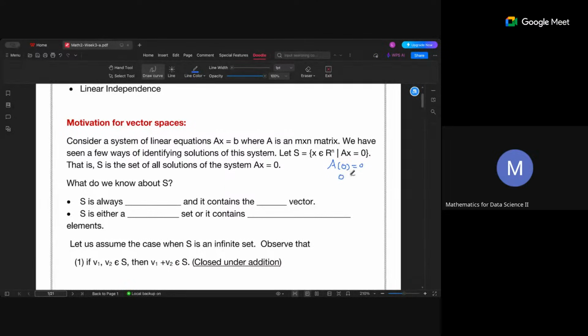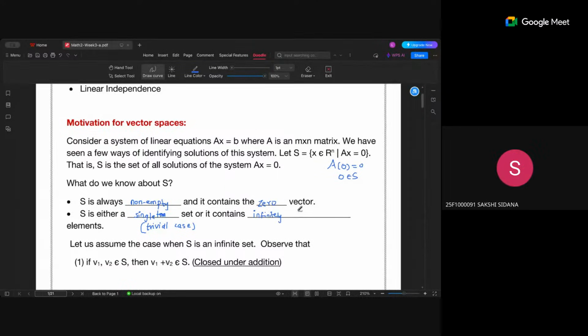So it means 0 belongs to S. So this is always non-empty, and it contains the 0 vector. So S is either a singleton set, which is the trivial case, or it contains infinitely many elements.